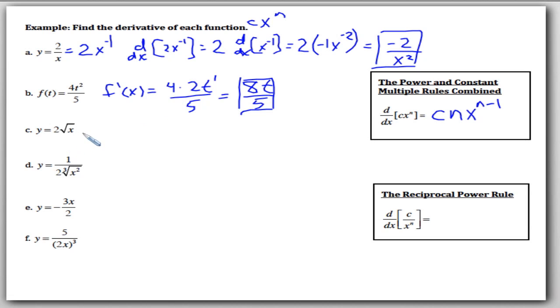For letter C, we don't like radicals, so we do want to deal with just fractional exponents. So this is 2 times x to the 1/2. So y prime is going to be 1/2 times 2.